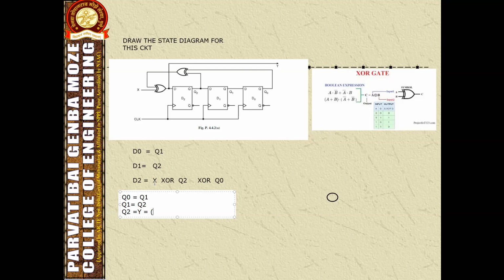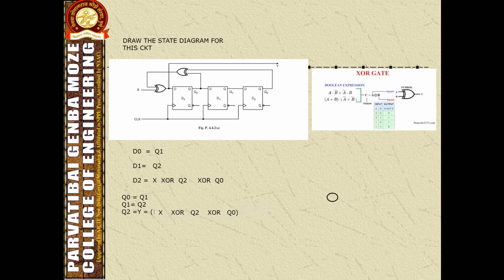So this is what we get at the D2 input terminal. This is the operation: we have to perform X XOR Q2 XOR Q0.